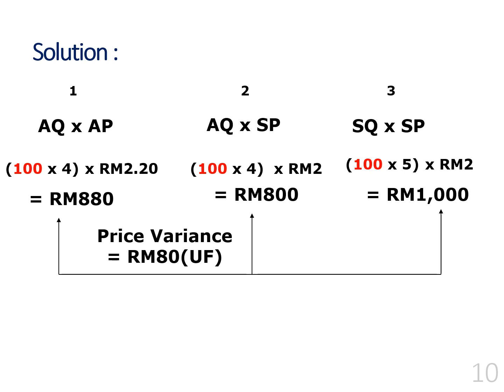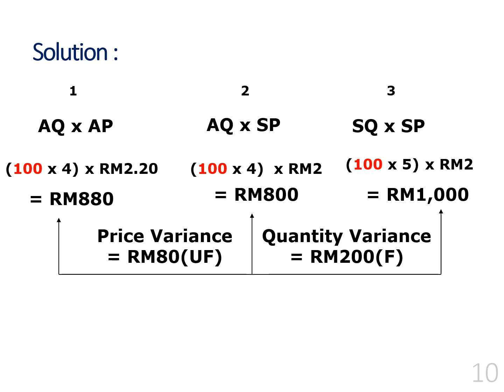So to get the price variance is first group minus the second group. So we get RM 80 because the second group is lower than the first group, so it is unfavorable. And for quantity variance is to compare the second group with the third group. So 800 minus 1000 equals to 200.